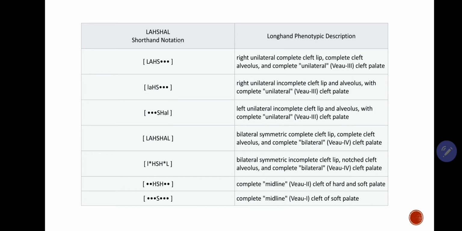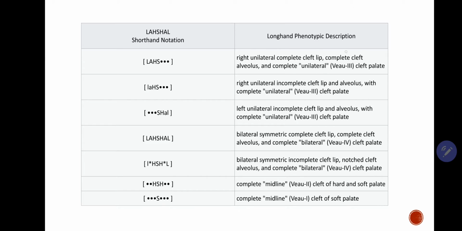So all these are examples of cleft lip and palate conditions which involve the oral cavity on both the right and the left side, both complete as well as incomplete. The first one, you can see all are capital letters on the right side. So it is right, unilateral, complete cleft, because you have capital letters over here.